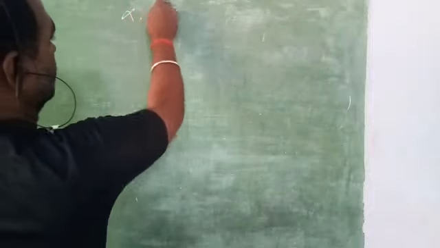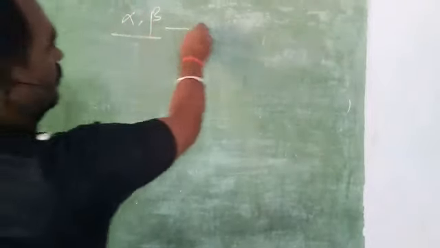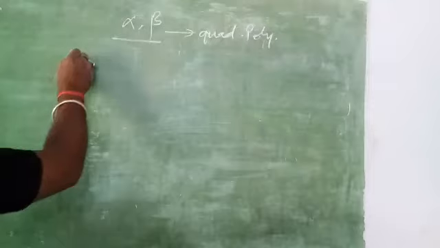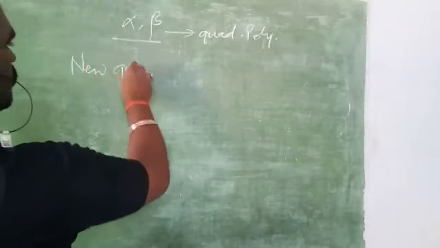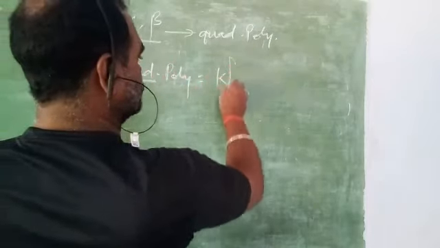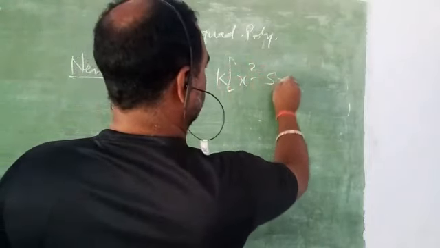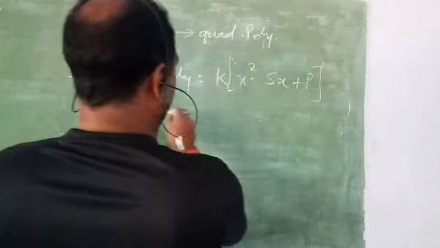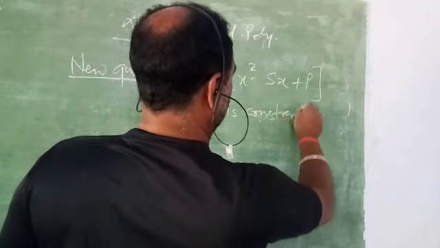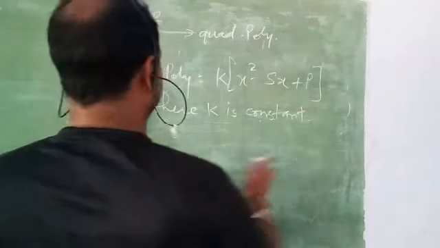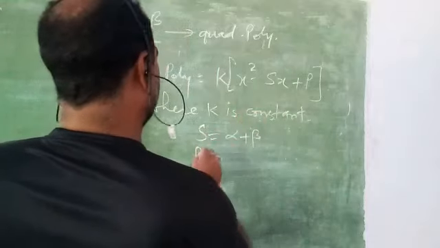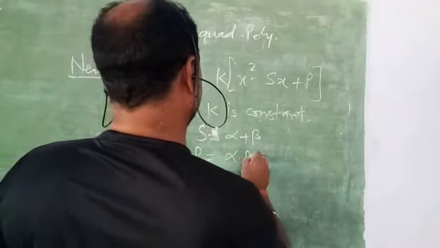If alpha and beta are two zeros of a quadratic polynomial, then the new quadratic polynomial equals k times (x square minus sx plus p), where k is a constant, s equals alpha plus beta and p equals alpha into beta.